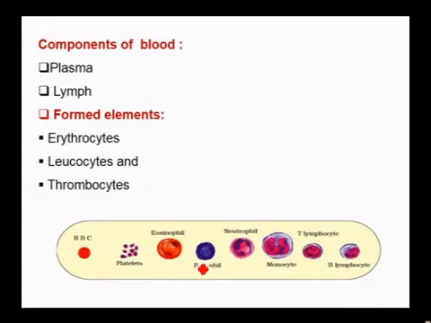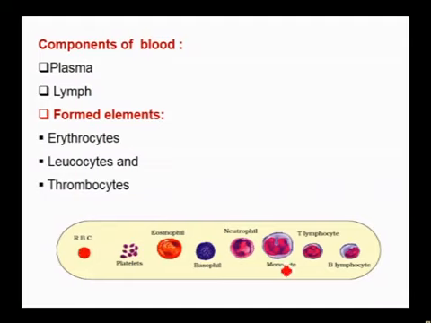Granulocytes have a granulated cytoplasm, and include the acidophils or eosinophils, basophils, then neutrophils. The agranulocytes include the monocytes and lymphocytes. They have a non-granulated cytoplasm within them.